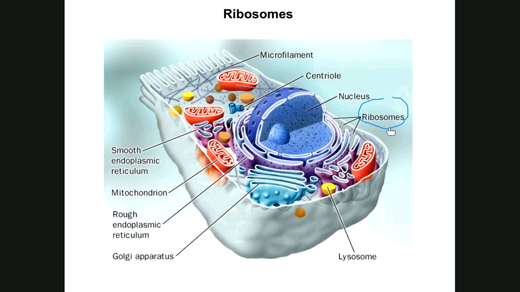Ribosomes are found in one of two locations. They're either free in the cytosol or ICF, in which case we call them free ribosomes, or they're attached to a membranous organelle called the endoplasmic reticulum. The ribosomes are represented by little dots here in the cytosol or ICF, as well as these little dots attached to a membranous organelle called the ER.